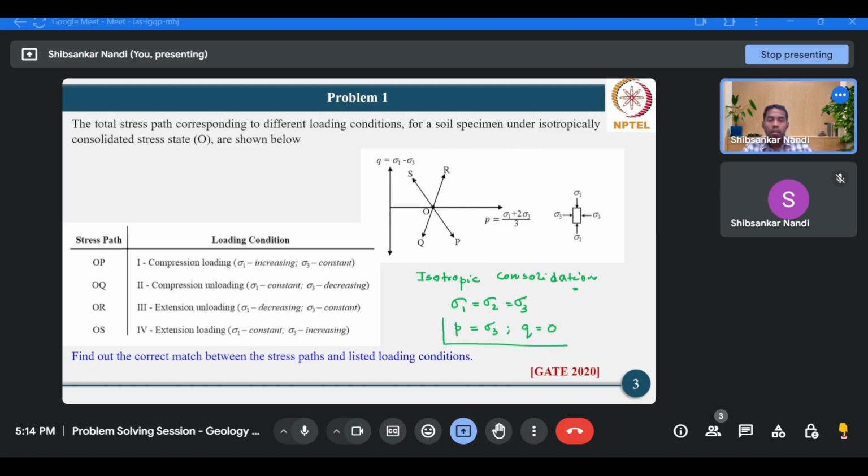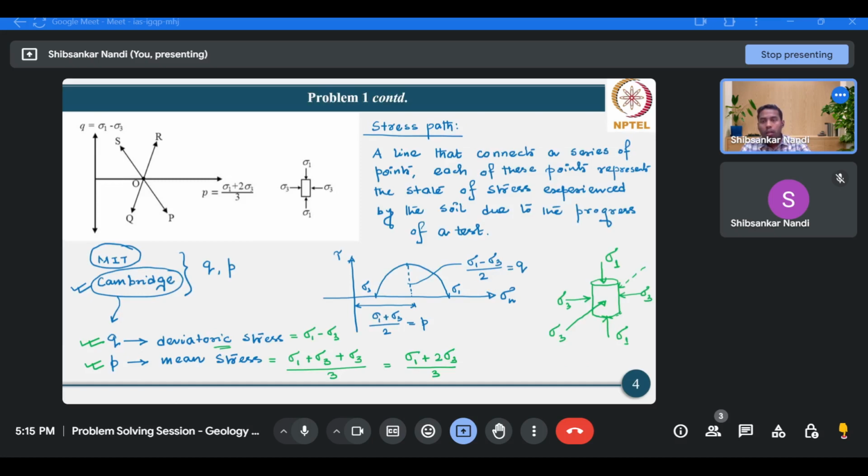This kind of state of stress we will have at the end of isotropic consolidation, represented by point O. Here sigma 1 and sigma 3 are equal, and for the triaxial test sigma 2 and sigma 3 are equal. So P would be sigma 3 or sigma 1; you can represent it by either of these two terms.